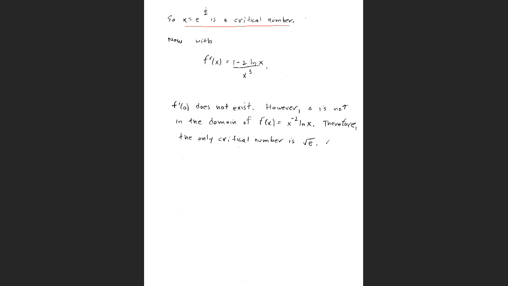And clearly, well, here's your first derivative, right? And how do we determine where the first derivative doesn't exist? Do we look to the numerator or to the denominator?